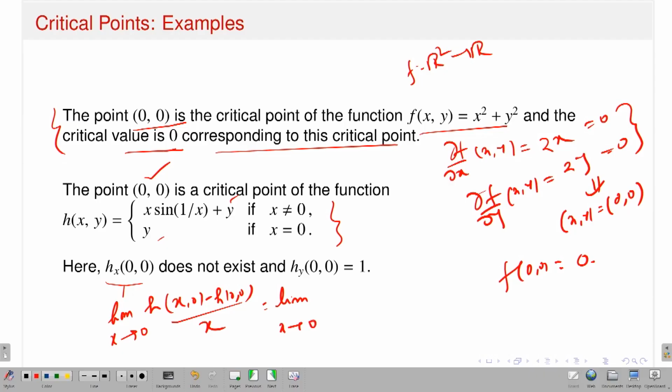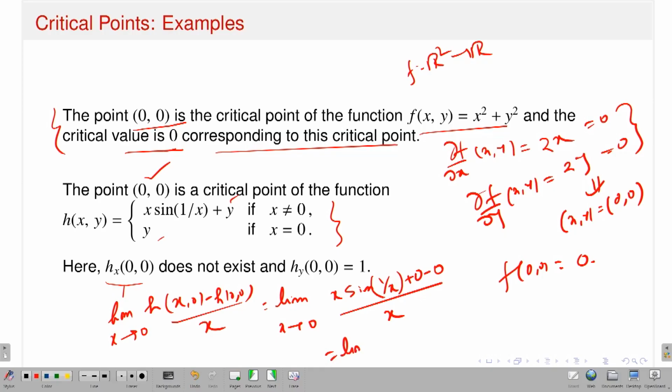If I have h(x, 0), y is 0. So what will be my point? Here x is non-zero, so it should be x sin(1/x) plus 0 because y is 0, minus h(0, 0). So h(0, 0) means x is 0, y is 0, so this is 0, divided by x.